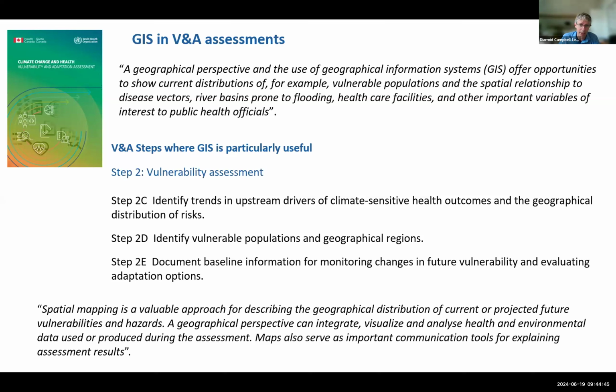We can use it to identify vulnerable populations in geographical regions, and we can also use it to document baseline information for then assessing changes in future vulnerability and also evaluating and targeting adaptation options.